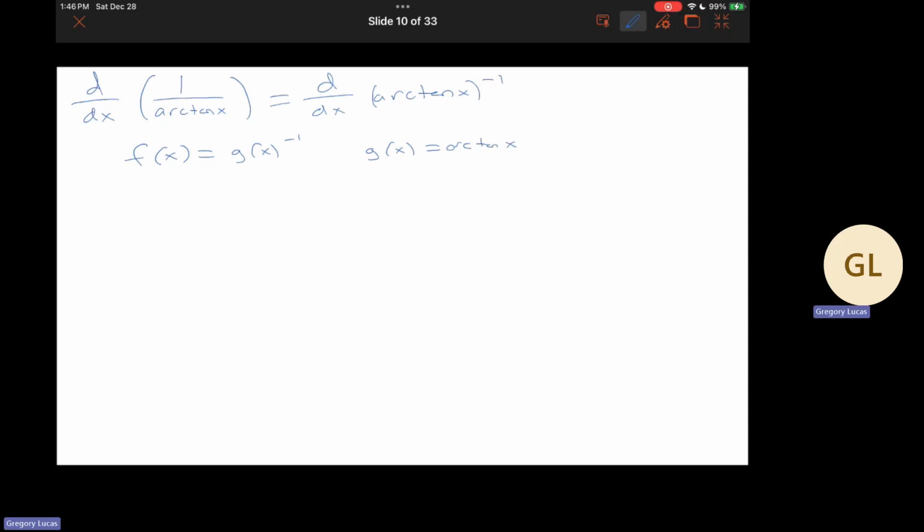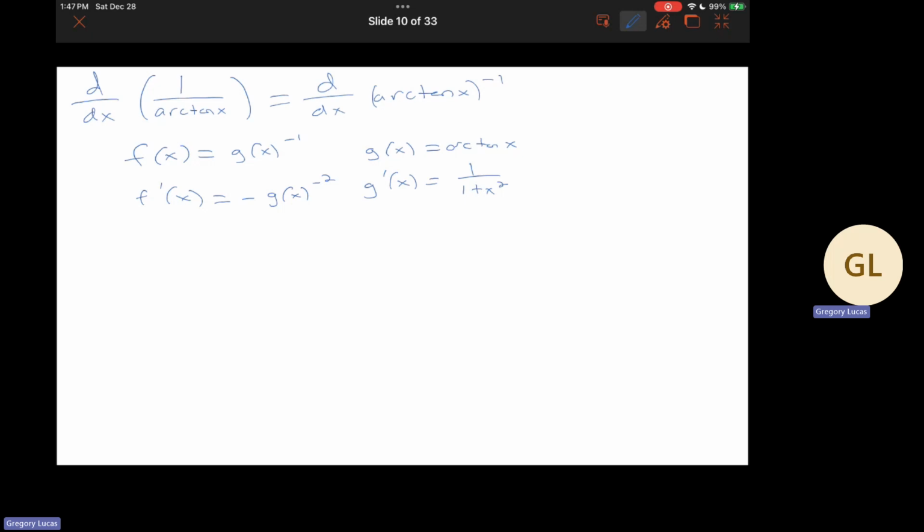Okay, so our f prime of x, we can do minus g of x to the minus 2. That's our power rule. Move the power to the front, subtract 1 from the power. Then g prime of x, we know is 1 over 1 plus x squared.